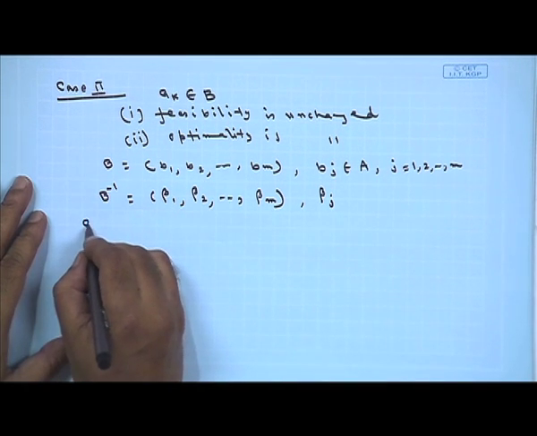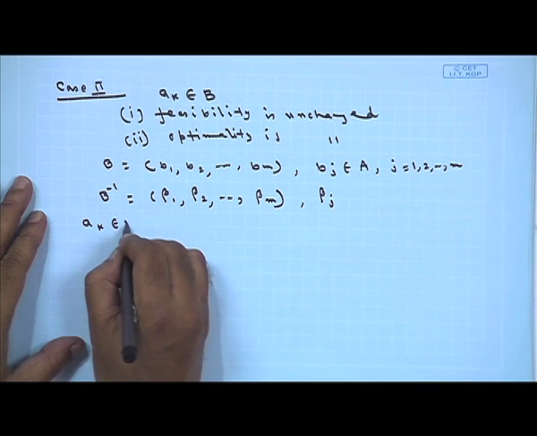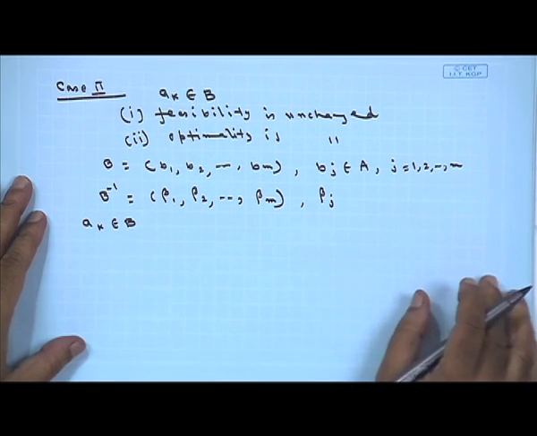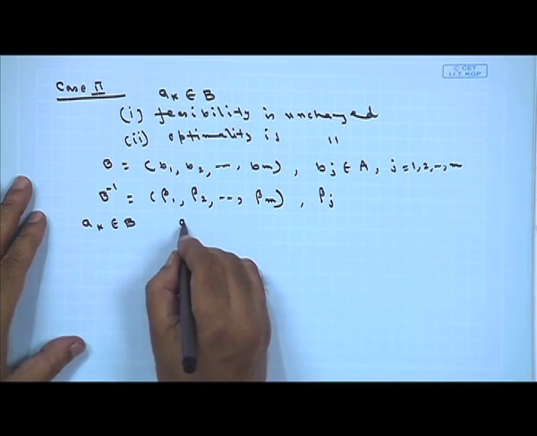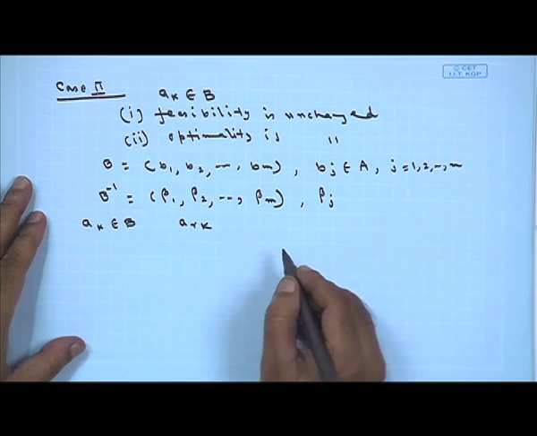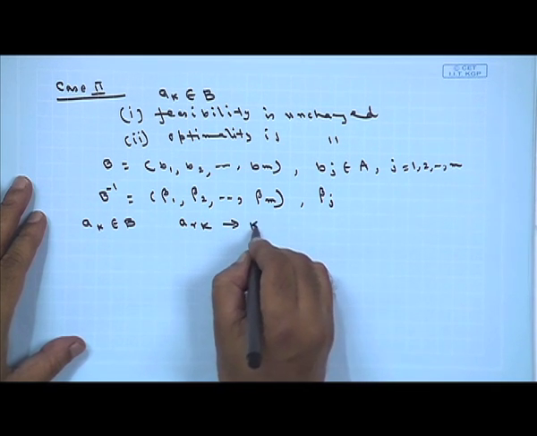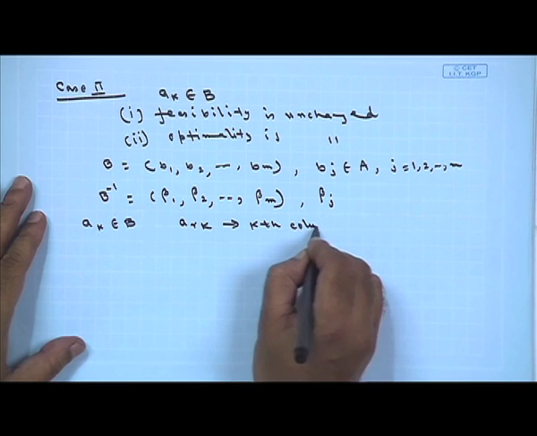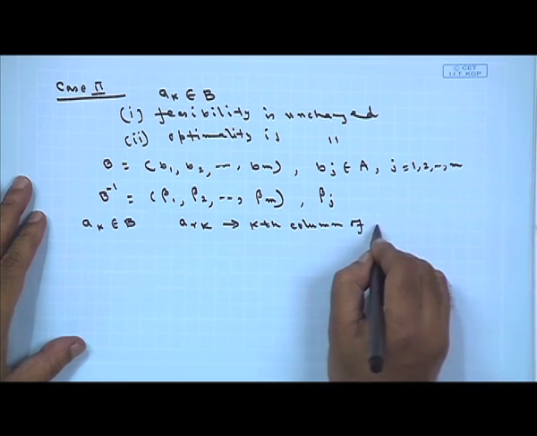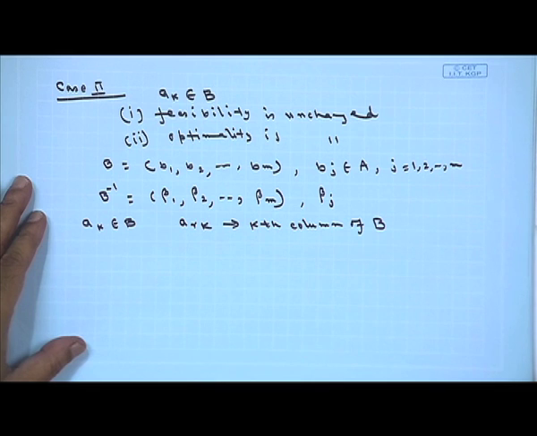Now, since your A k belongs to B, we are doing this case. So, if I make a change in A r k, what will it affect? It will affect the kth column of B.